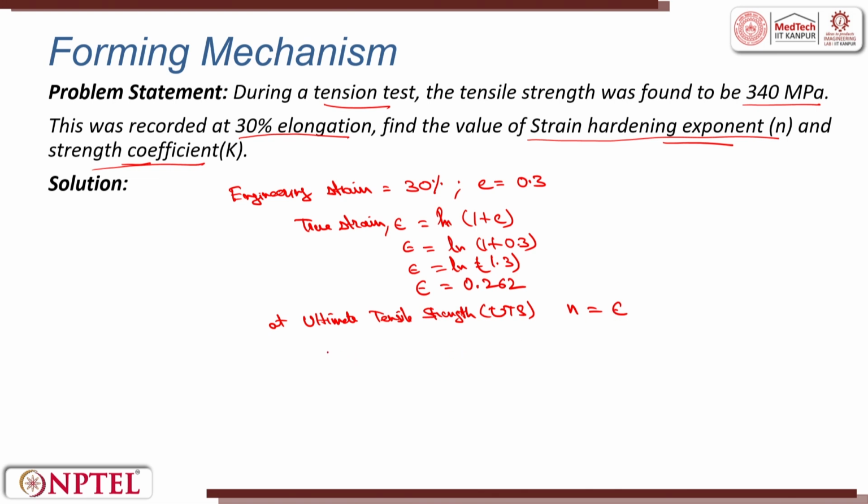Now, if I say true stress, this is sigma T is equal to sigma, that is the tensile strength that was found here, times 1 plus E. This is equal to 340 into 1 plus 0.3, which turns out to be 442 megapascals.